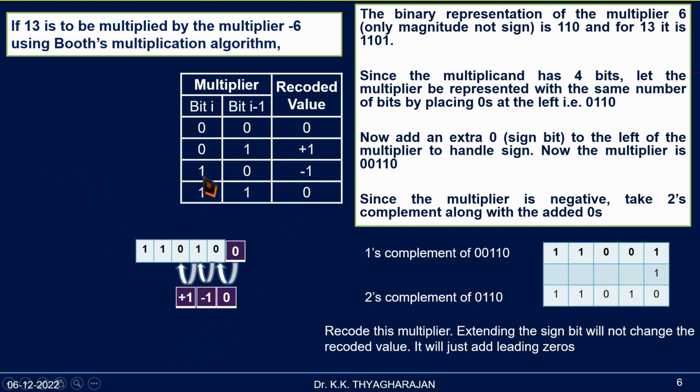Then 1, 0 will be recoded as minus 1. Then 1, 1 will be recoded as 0. So the recoded value is 0, minus 1, plus 1, minus 1, 0. But anyway, the leading zeros will not have any effect in the multiplication.